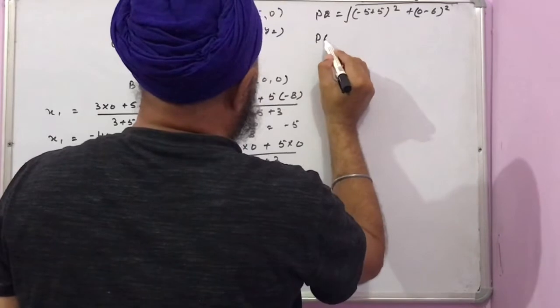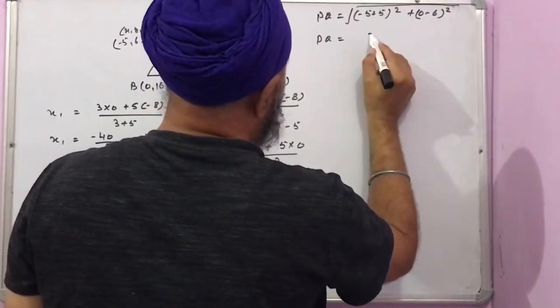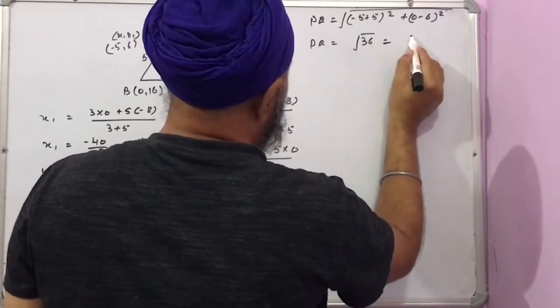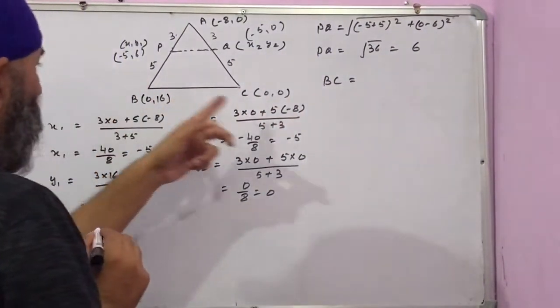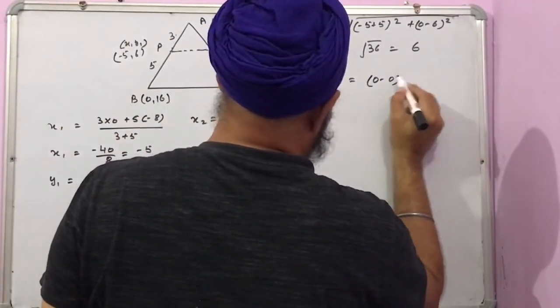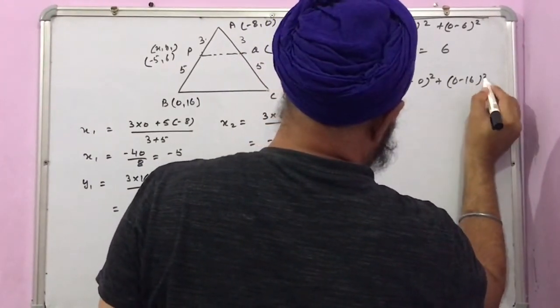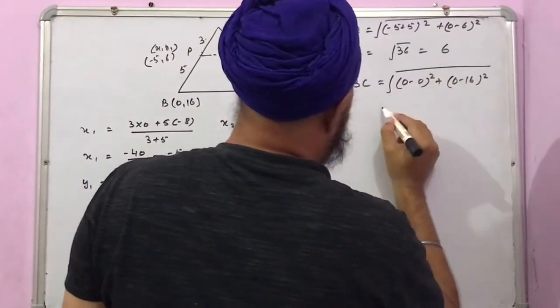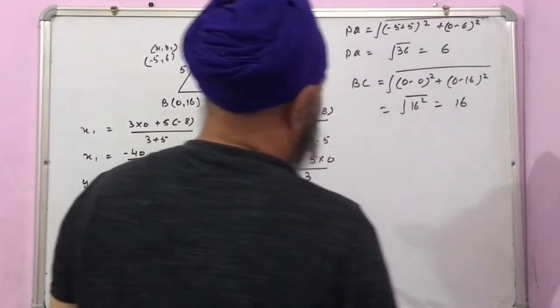That is PQ is root of 0 plus 6 square, 36 root, that is 6. Then BC, I apply distance formula: (0 minus 0) square plus (0 minus 16) square, that is 16 square, it is equal to 16.